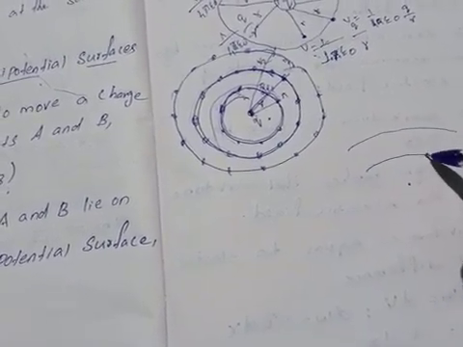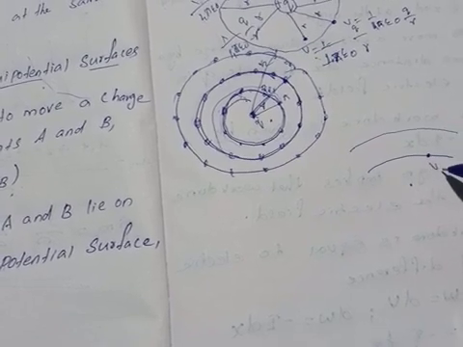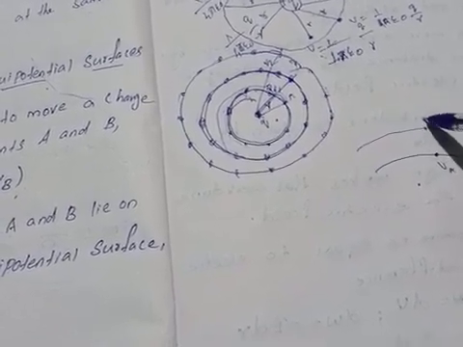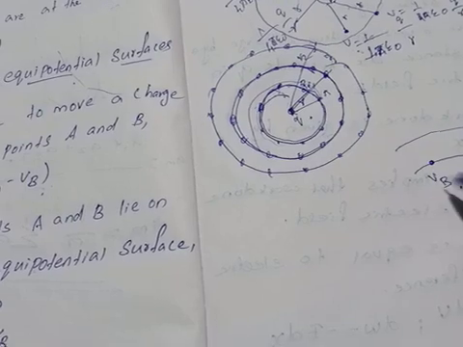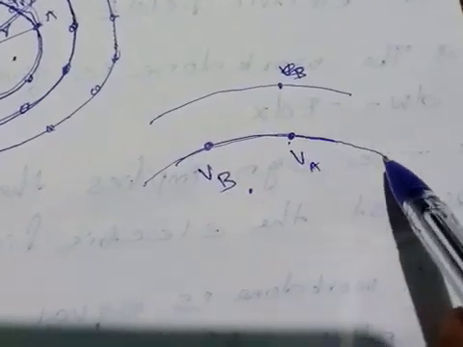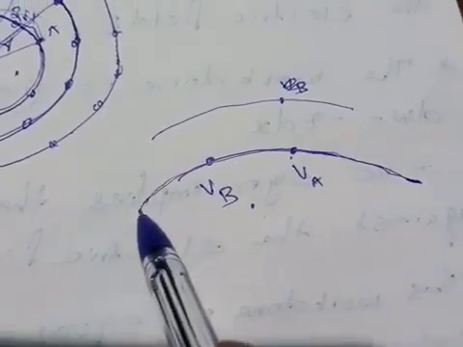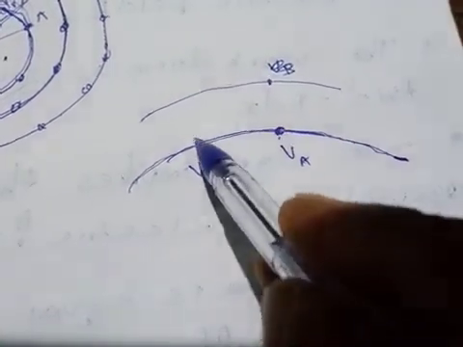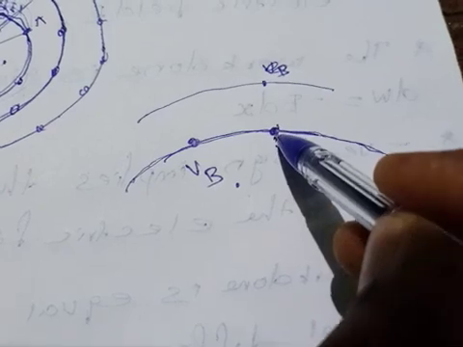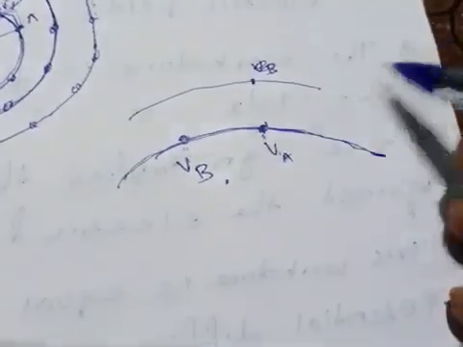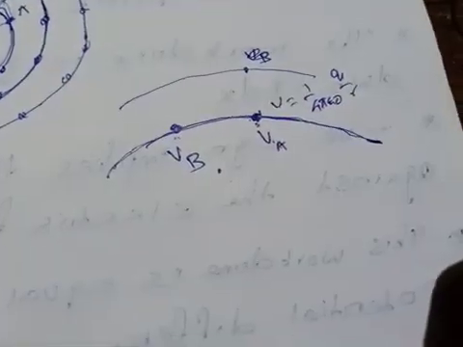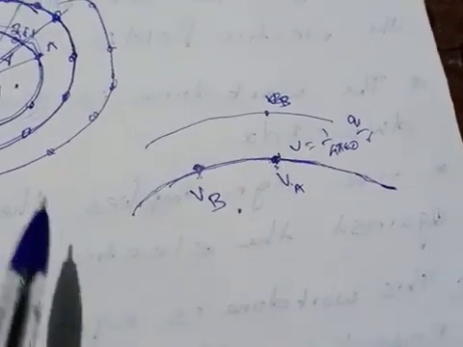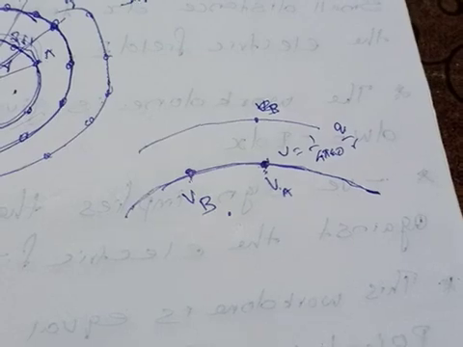This surface I am taking as VA, and this surface VB. Assume this is an equipotential surface, and this is an equipotential surface. I am taking two points A and B, and at this point the electric potential V is equal to 1 by 4 pi epsilon 0 Q by R. And at this point also the same potential will be there.